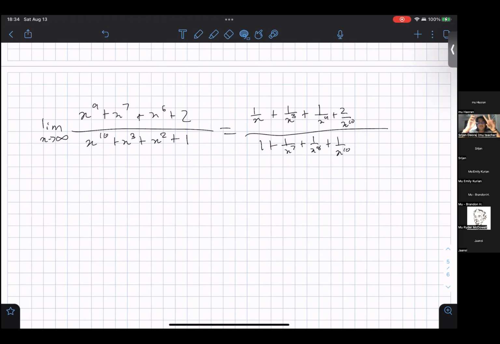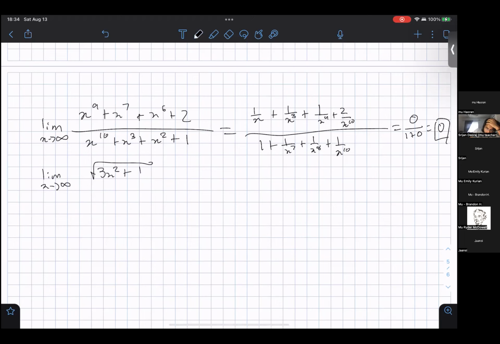So again, just plugging in isn't always the best way to solve limits, but it's the best way to get started, because then you know which route you're going to take. And so here you can plug in infinity, and then you'll get that the top is just 0, and on the bottom you have 1 plus 0, so this is just 1. Sorry, 1. Yeah, so the answer is 0.